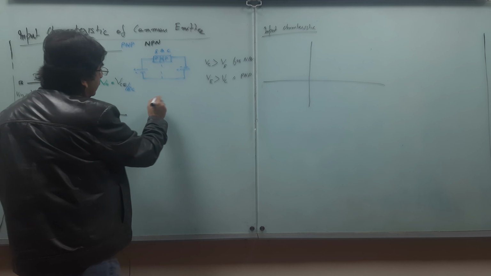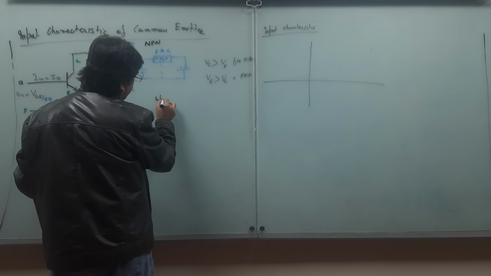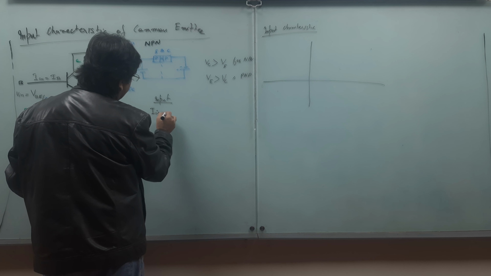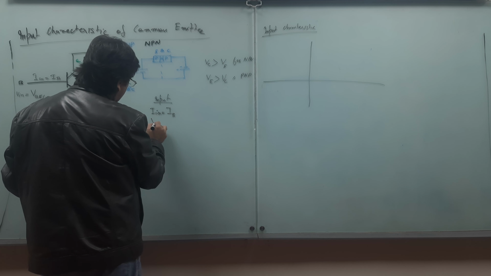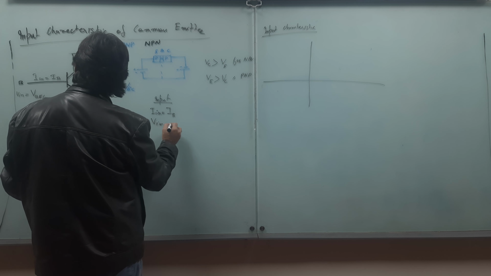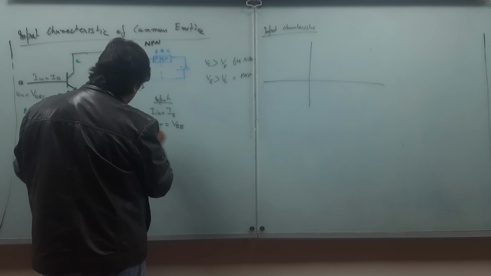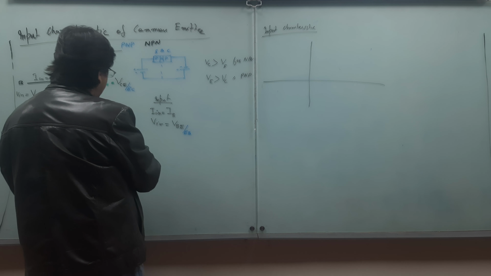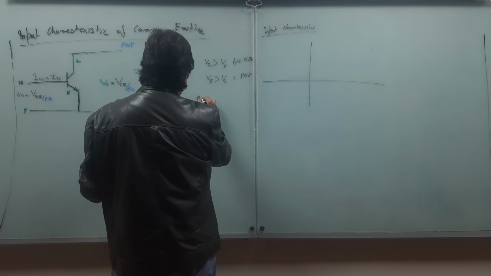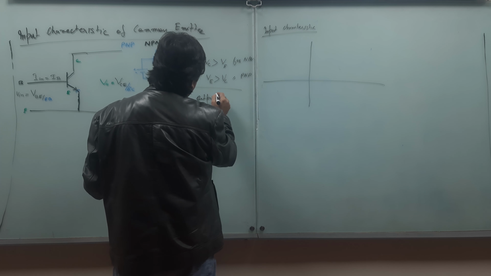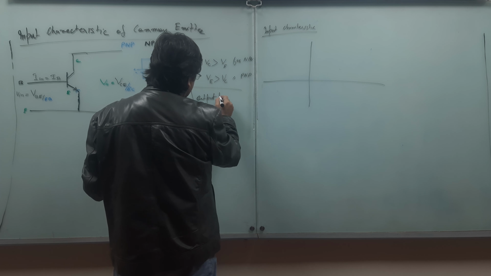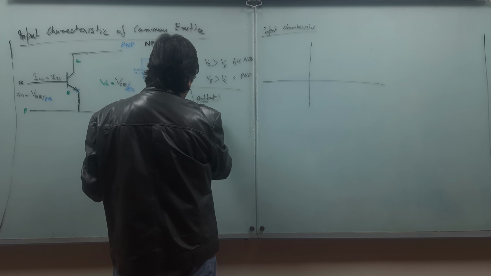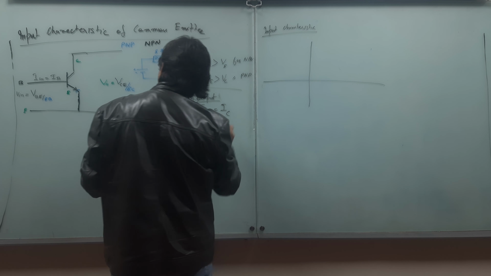Okay, so I write in the form: input current is IB, input voltage is VBE or EB, and output will be, what will be the output? I out will be IC, yes, you are right.